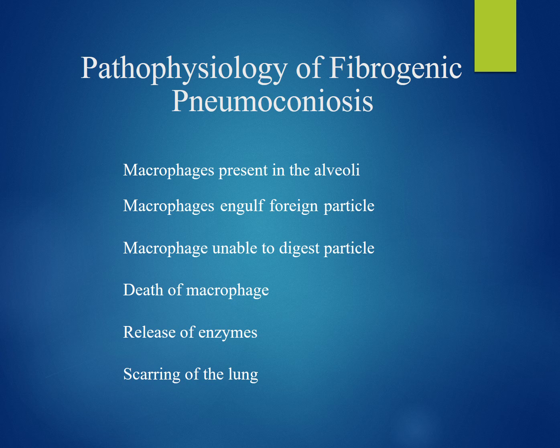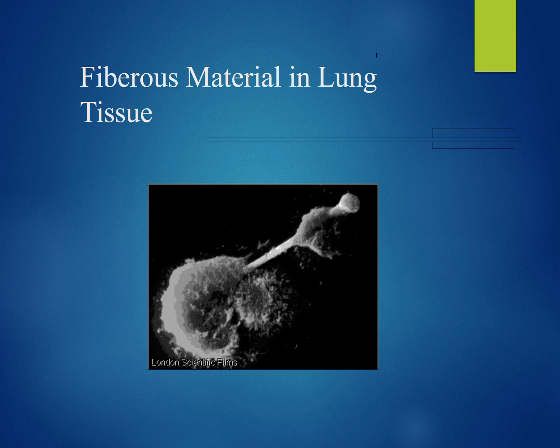When the macrophage engulfs the fiber and tries to digest it, one theory is that the fiber pierces the nucleus of the macrophage, releasing enzymes to the tissue surrounding the macrophage, which causes the scar tissue to develop. Here is a photo of a fiber penetrating lung tissue.